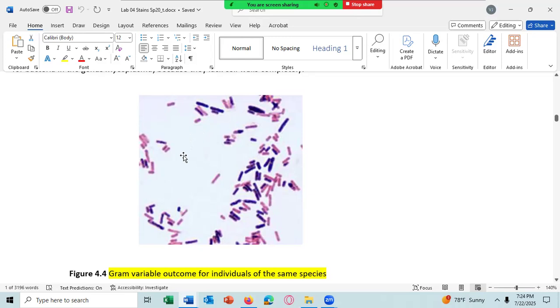And then when I looked at students' cells, if ever they got gram variable results, it was always the family Mycobacteria, and it was always cells 2 weeks old or older, which they should not do a gram stain on, because the gram stain may not stain correctly if the cells are dead, and that cell is definitely dead. You can see the break right there.